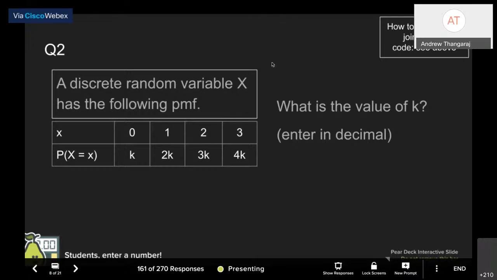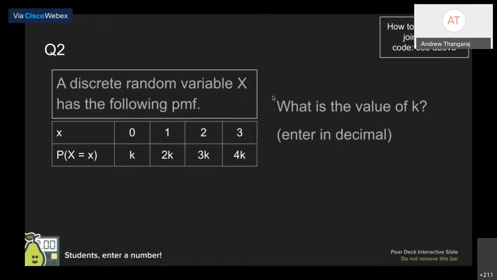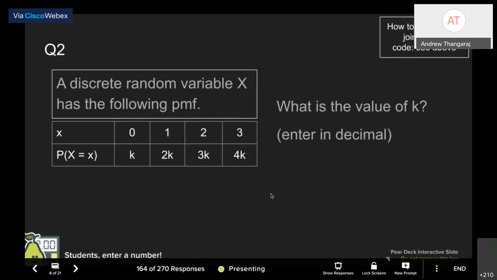So I'll give you 1 more minute. It's a relatively simple question. If you know the property of what makes a valid PMF, you'll be able to quickly answer this. Okay, so more than half of the people have already answered.